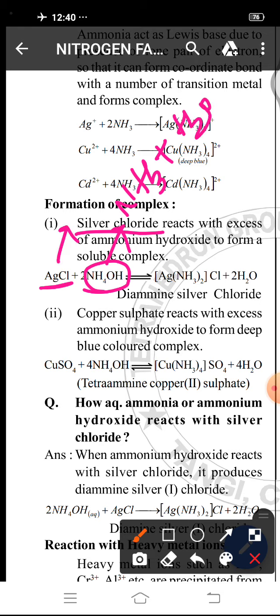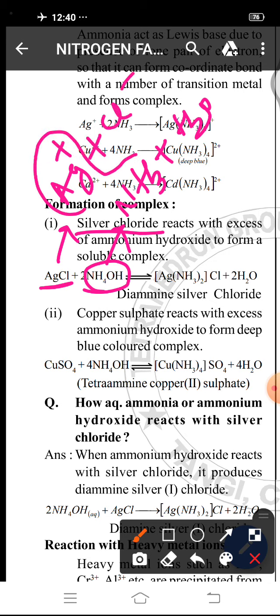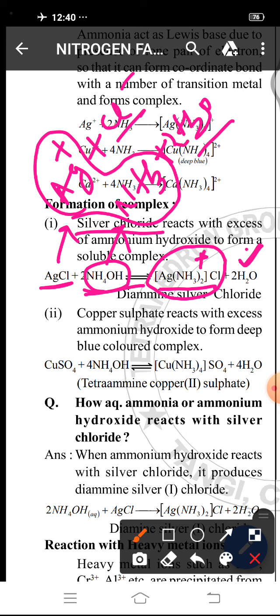Then AgCl dissociates to give Ag plus and Cl minus ion. This Ag plus ion combines with ammonia, forms the cationic complex, and the Cl minus ion is attached to it to form the neutral complex, and water is removed as water molecule. Since 2 ammonium hydroxide is taken, 2 water molecules are removed.